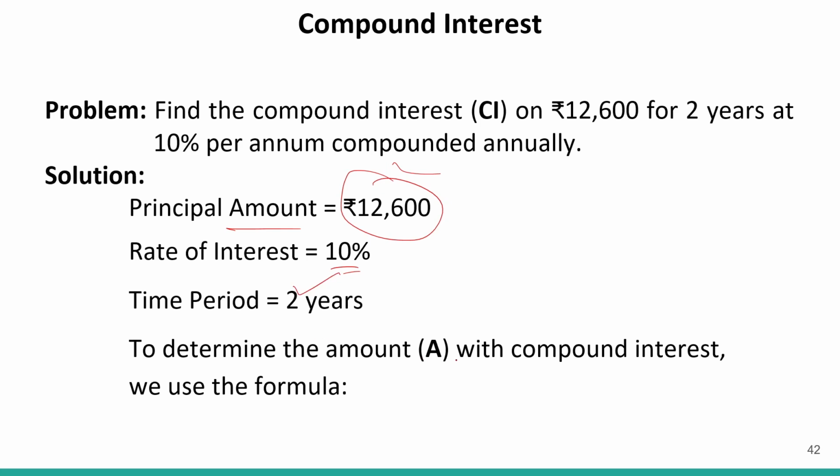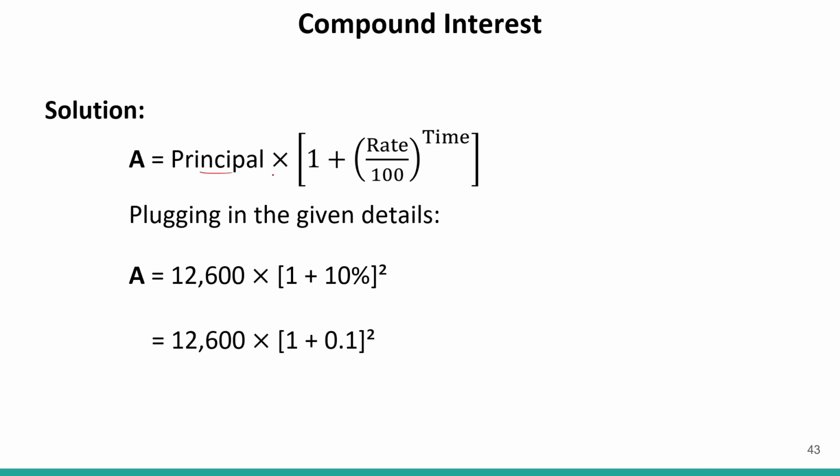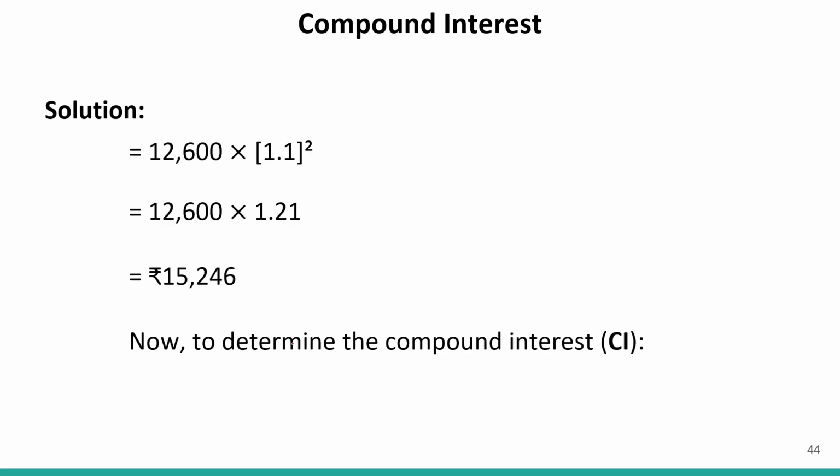So to determine the amount A with compound interest, we use the formula what? Principal into 1 plus rate by 100 whole power time. So plugging in the given details, we are left with A is equal to 12,600 into 1 plus 10% whole power 2. So 12,600 into 1.21. So that is equal to 15,246.